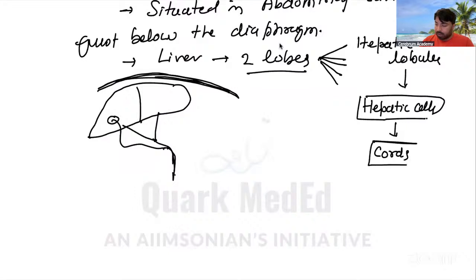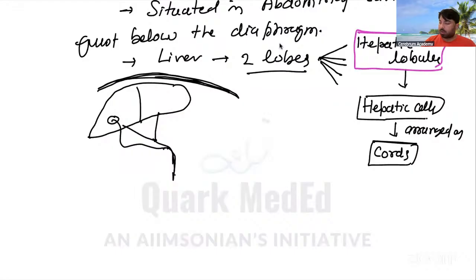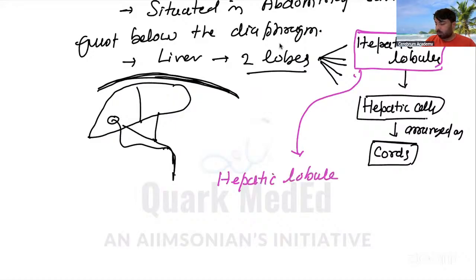The hepatic lobule is covered by a structure called Glisson's capsule.